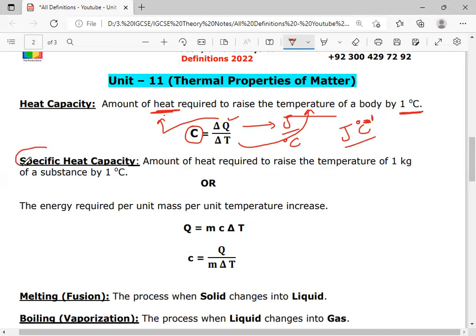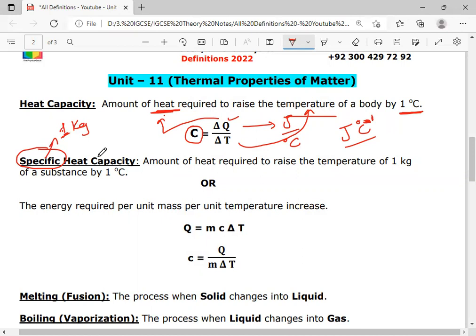Now, whenever the word specific is used in this chapter, we will always mention the mass of the body equals 1 kg. What is the trick? Whenever the word specific is used, we will always use the mass of the body equal to 1 kg.